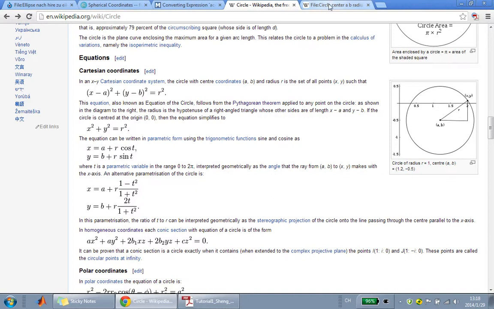But this representation is a standard parametric representation for a circle. So make sure you understand this.